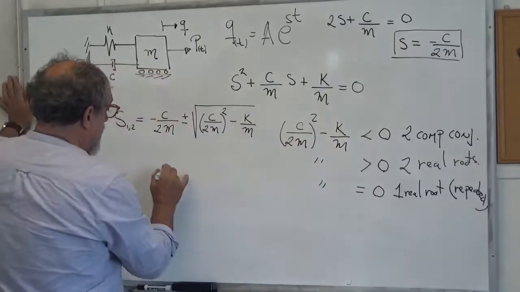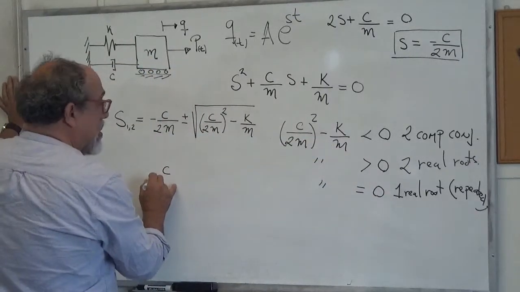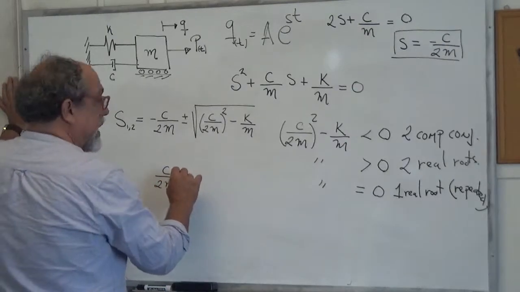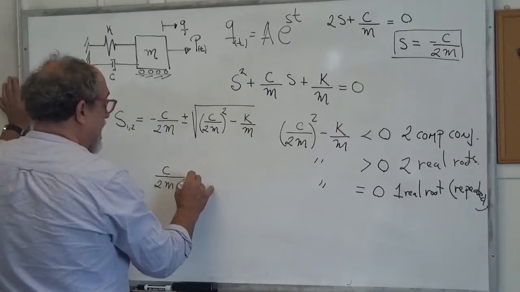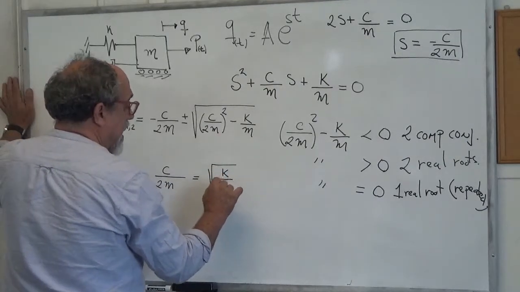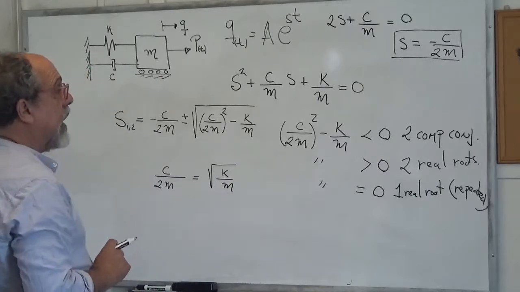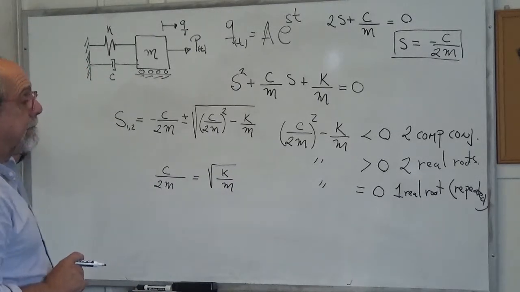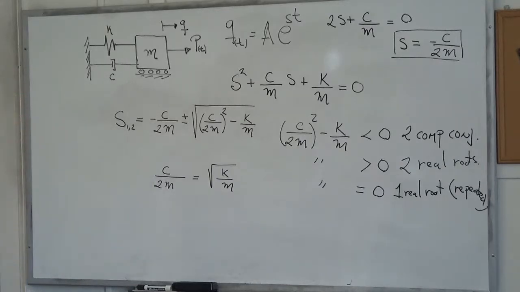If I want to make this equal to 0, I have c over 2m. No, I'll have to correct this. c over 2m is equal to the square root of k over m. Okay? Hold it. Let me pause it for a second.